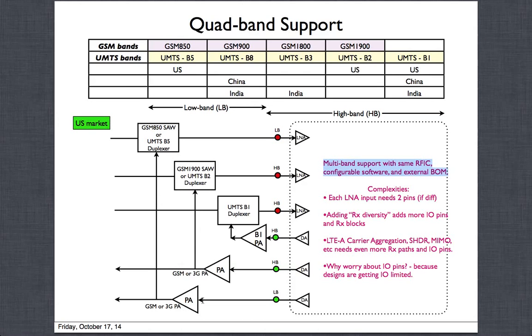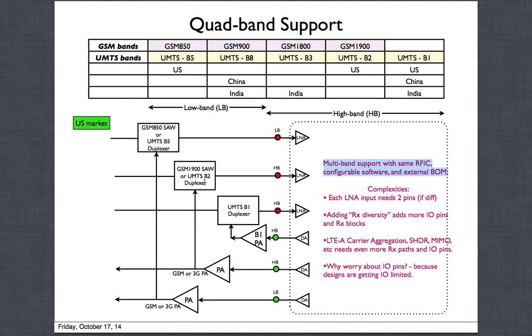So when I say PA, you can swap it based on whether you have a SAW filter, you populate this part with a GSM PA, or you populate it with a linear 3G, 4G UMTS PA. Okay, so that UMTS part will not go straight to the antenna, it will go to the duplexer, and through this duplexer it will go to the antenna. So this first path is an example where you can support either the GSM 850 or the UMTS band 5.